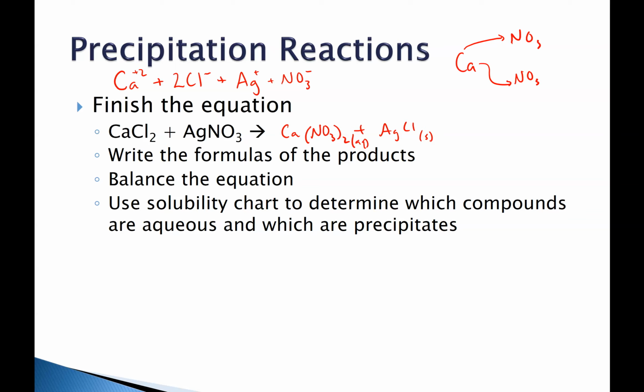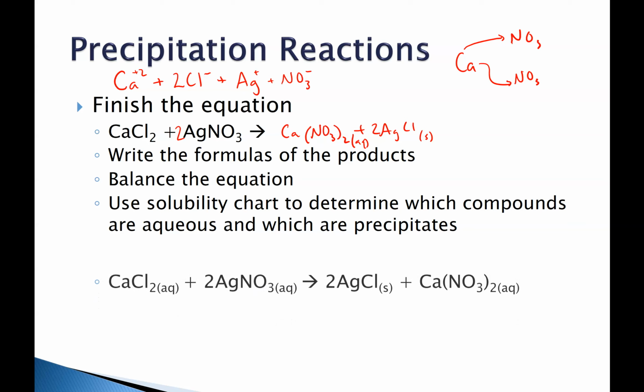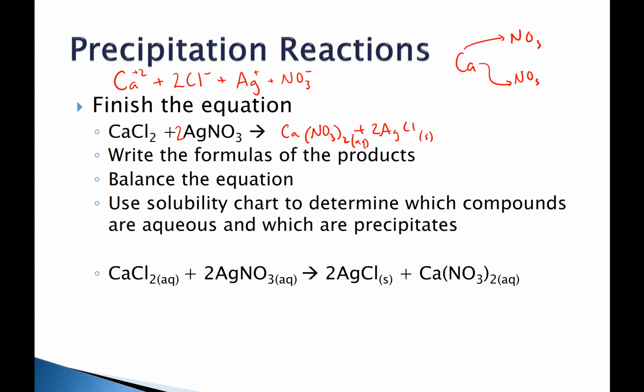The other thing we do need to do here is balance this equation. We would have a 2 here and a 2 there. I forgot to do that first. But our solubility chart would tell us that our calcium nitrate is going to be aqueous and our silver chloride is going to be solid.